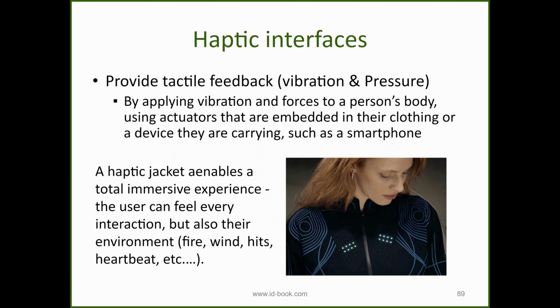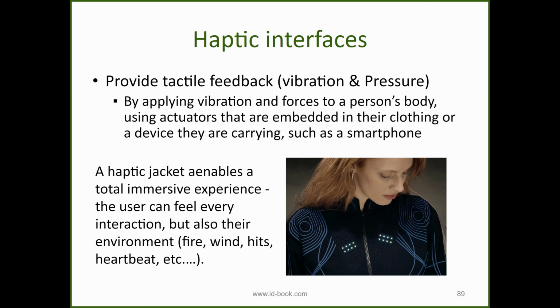Now let's look at different kinds of sensations or haptics that haptic interfaces are capable of producing. So they can provide tactile feedback, meaning that they can provide sensations of vibration or pressure on the person. For this, the person is sometimes wearing a jacket. For example, it could be a wearable haptic interface, such as a jacket that's embedded with actuators.